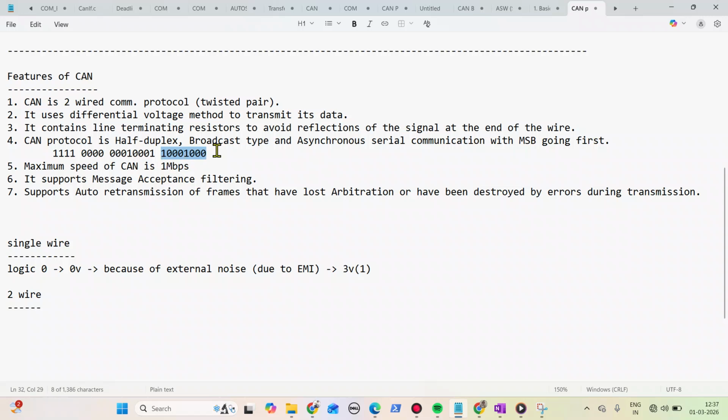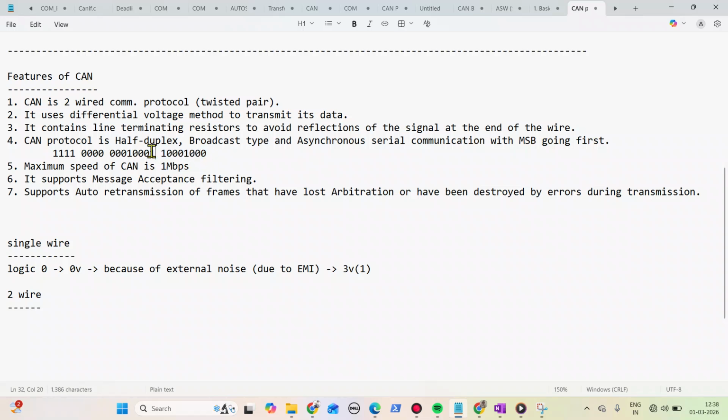In that lower byte also, usually we would think this one is transmitted first. No, in this lower byte also this bit will be transmitted first, the most significant bit. First 1 will be transmitted, then 0, then 0, then 0, then 1, then 0 0 0, like this the whole byte is transmitted.